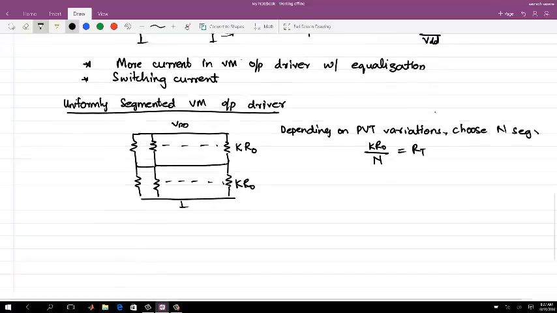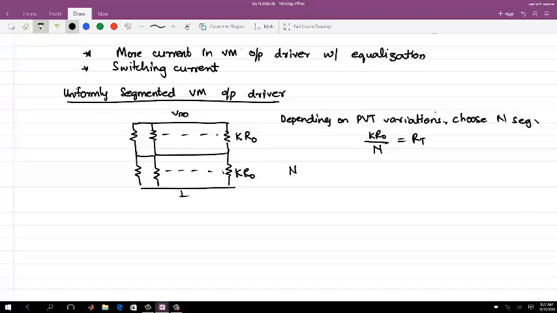Now these n segments are split into P and Q, where n is equal to P plus Q, such that P goes for the main cursor. Are you familiar with the terminology of main cursor, pre and post cursor, right? And let's say here Q goes for the post cursor.